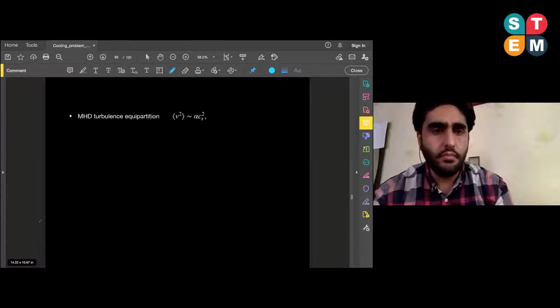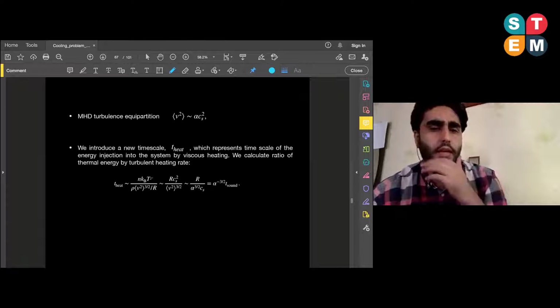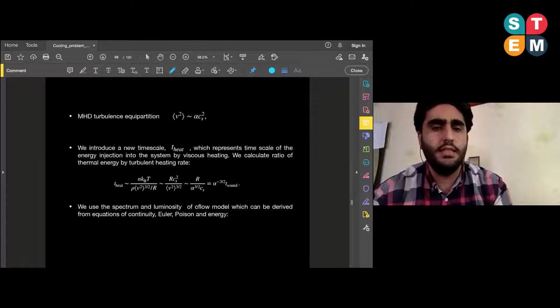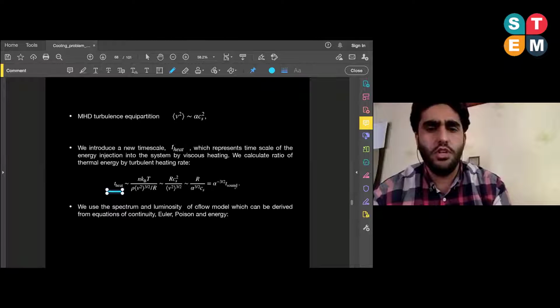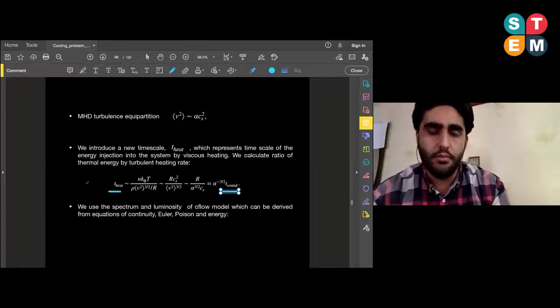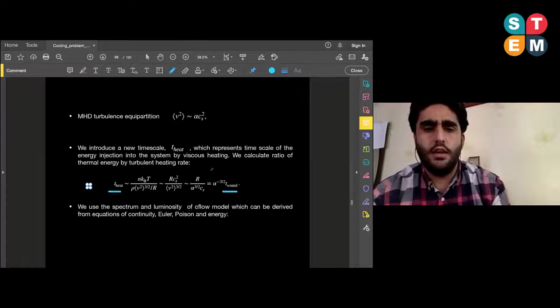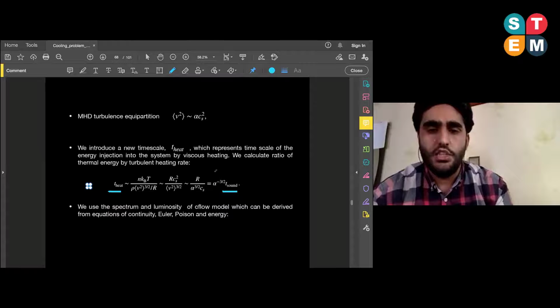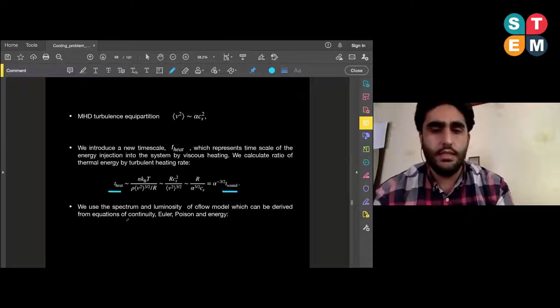So in our model, we suppose that T heat is proportional to sound crossing time, and the constant of proportionality is the Shakura-Sunyaev constant, which is popular in magnetohydrodynamic and turbulence systems.